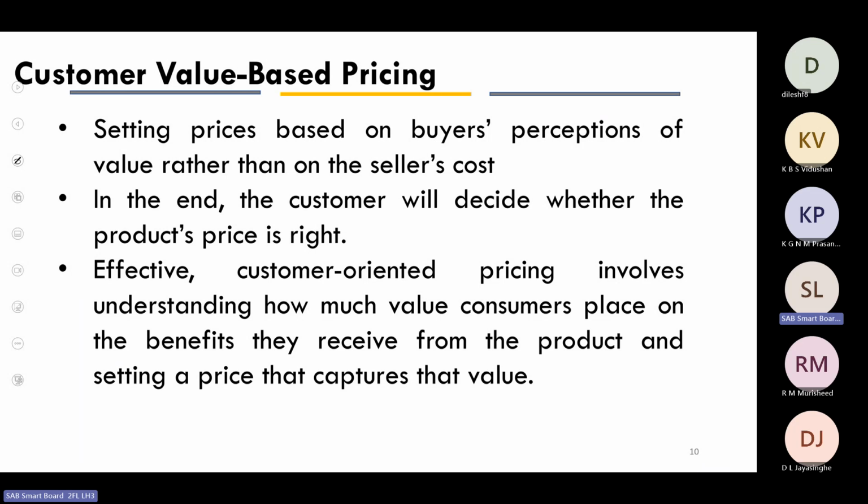Any practical examples apart from what I have shared for value-based pricing? Value means the benefit customers can get, and based on that, companies are charging high prices. Any example?